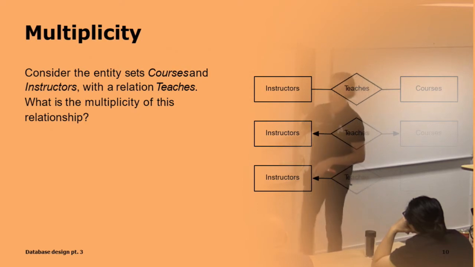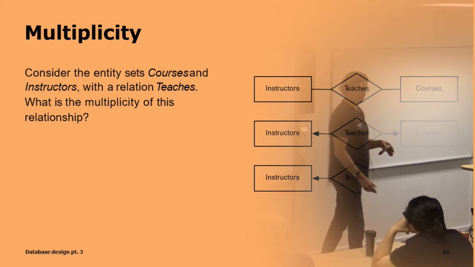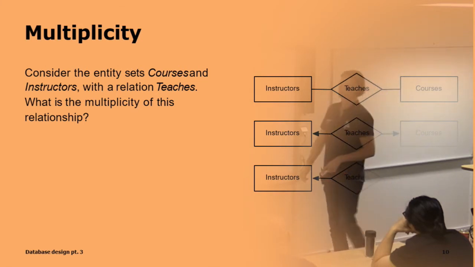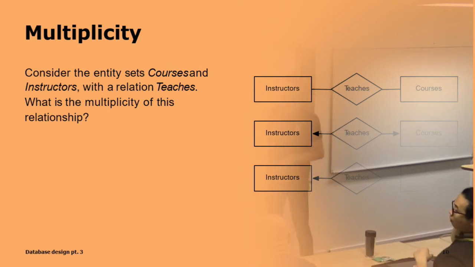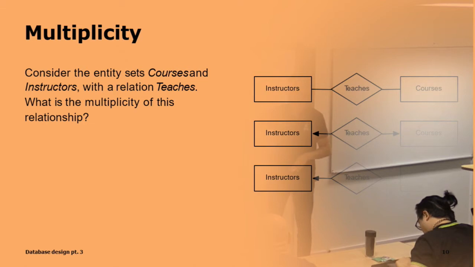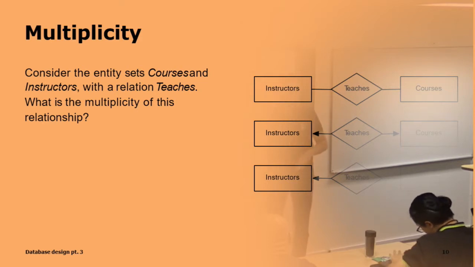If we actually mean exactly 1, there's another symbol for that, and we'll get back to that later on. So the last one: one instructor might teach at many courses. One course might be taught by one instructor.